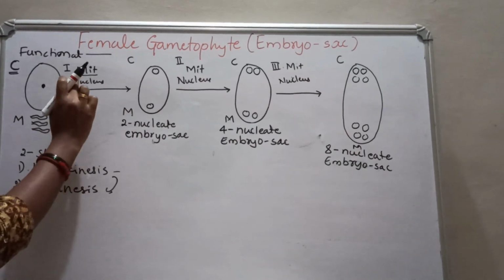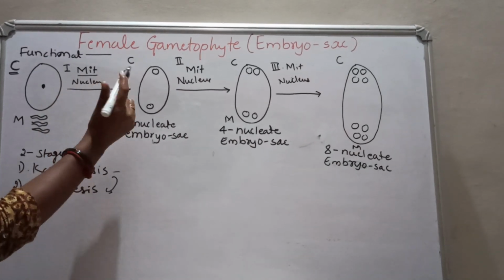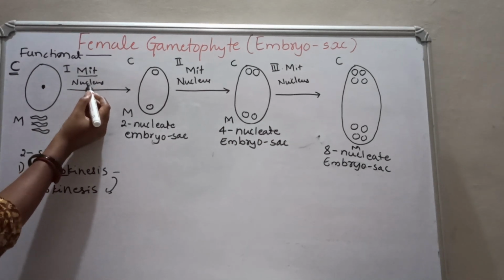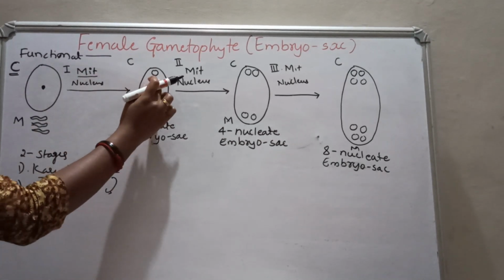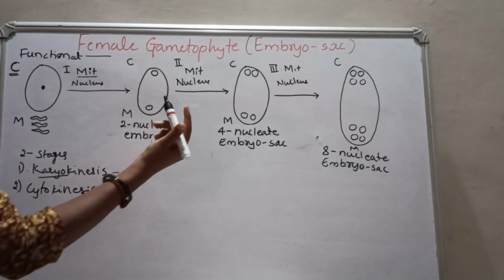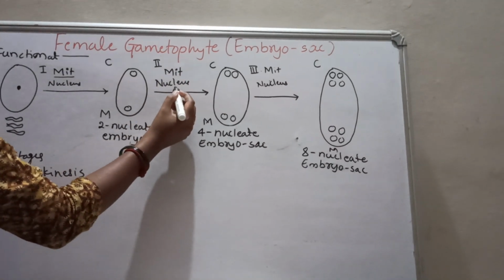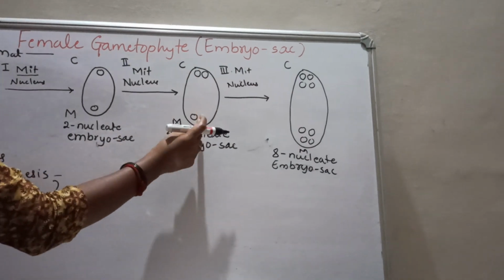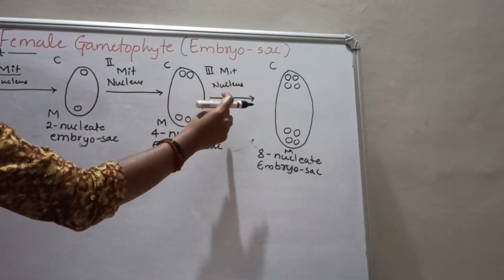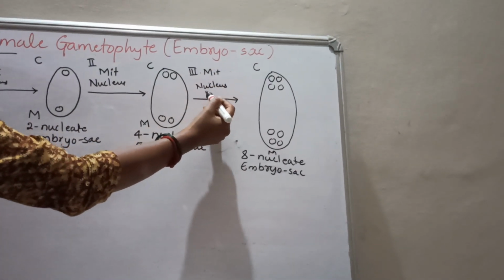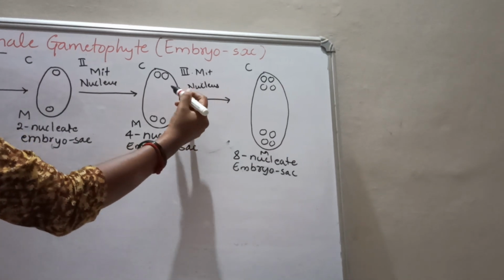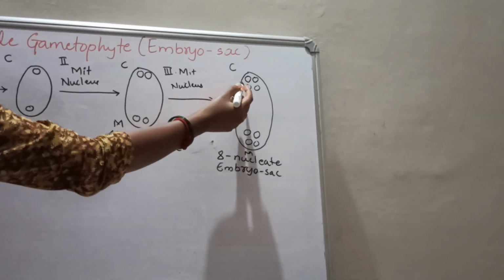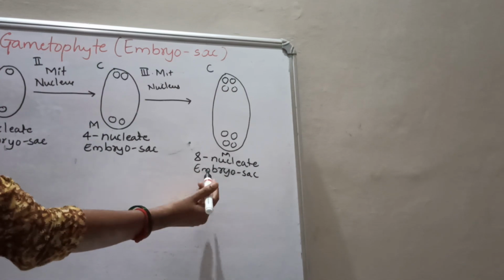In the first mitotic division, the nucleus divides and produces 2 nuclei. In the second mitotic division it becomes 4 nuclei, and in the third mitotic division the 4 nuclei divide into 8 nuclei.